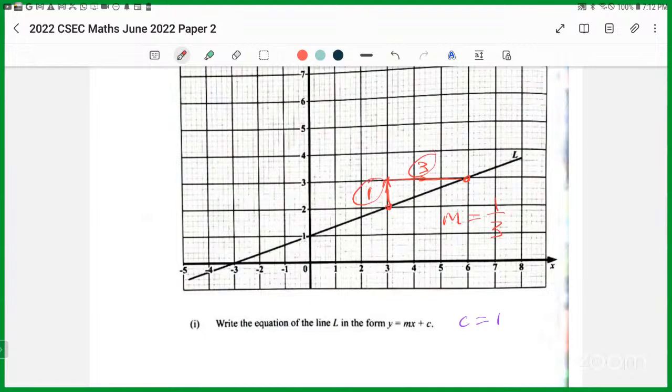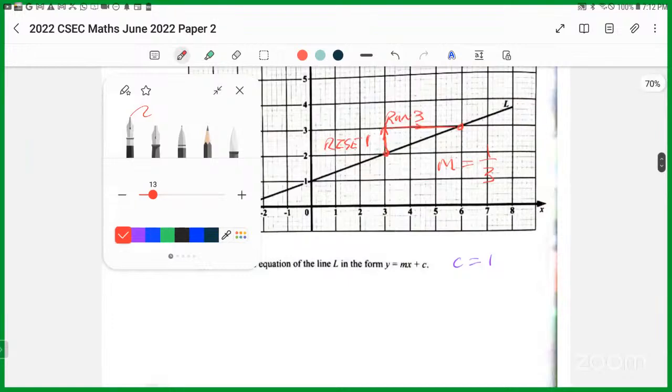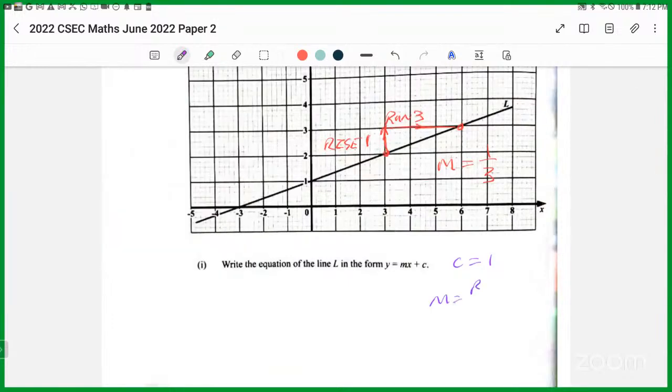Rise over run. Right? So this is the rise and this is the run. And the gradient is rise over run. So the m in this question is rise over run. You can use any 2 points on the graph, which gives 1 over 3.